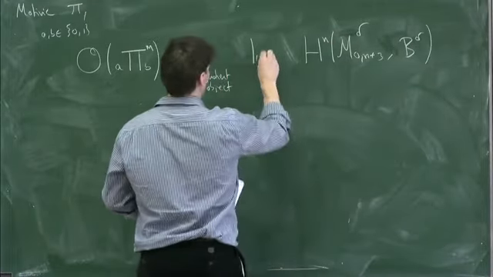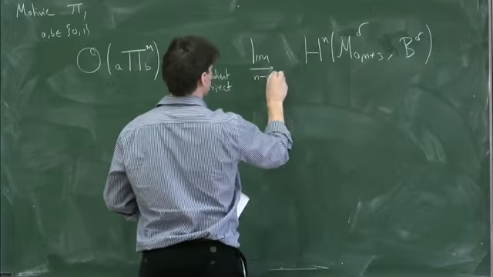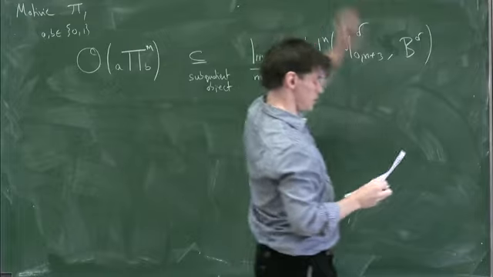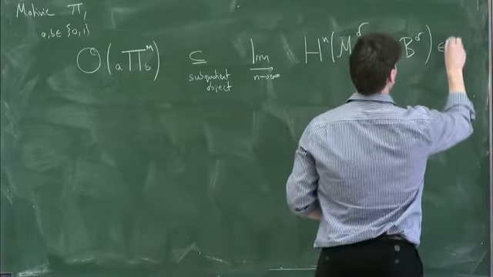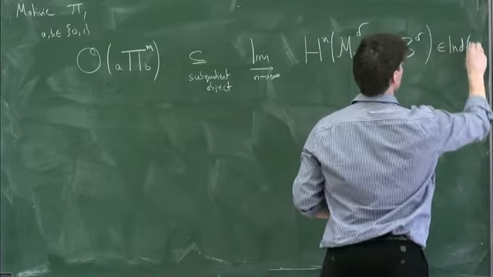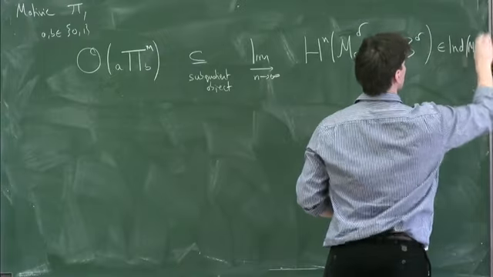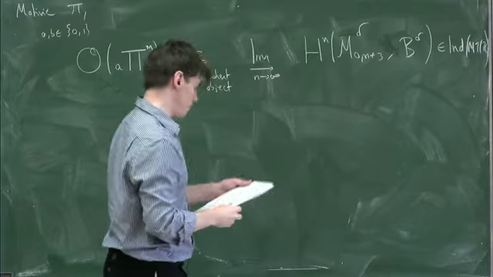And I take the limit over n, for some way of including these into each other that I'm not going to specify. And so this is a limit of an object in the category of mixed Tate motives over Z.